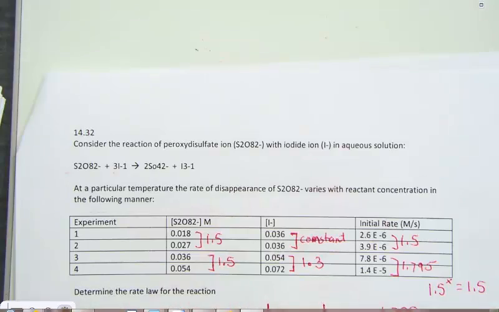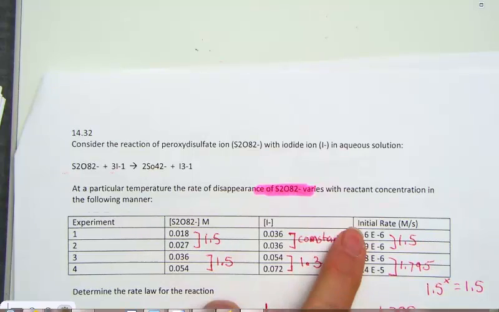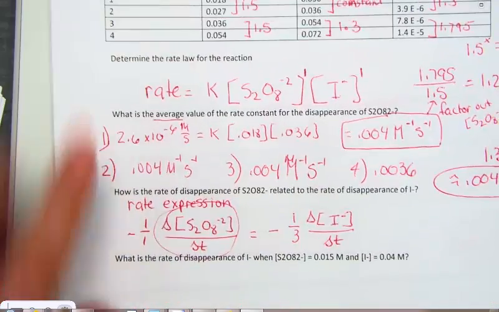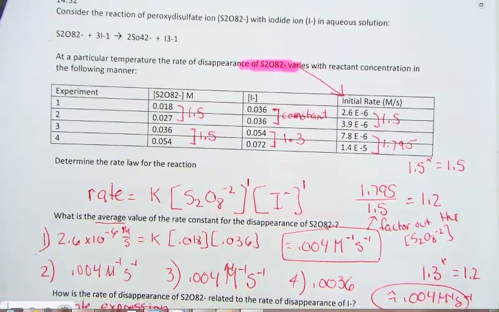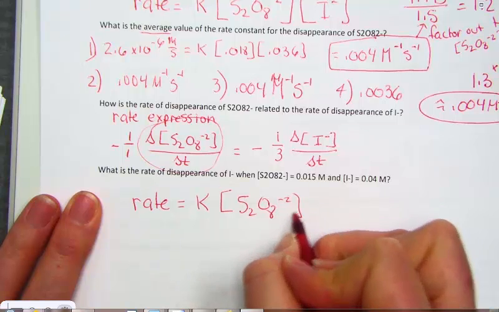Now I want to highlight something. These rates were calculated by monitoring the S2O8. So these initial rates are giving us this particular value, right? The value here comes from here. If the rate of disappearance is what we'd like to know for iodide when I know the concentrations, let's consider rate is equal to k times the concentration of our ingredients, S2O8 2- and I-.